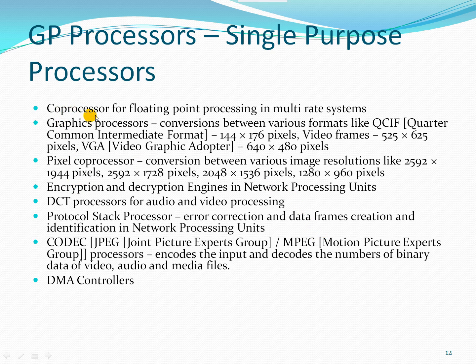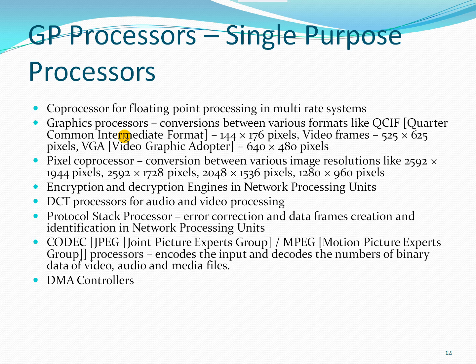First, the coprocessor for floating point processing for multi-rate systems. Especially for multi-rate systems, if you are using floating point processing units, it is very common to use a coprocessor for floating point processing. The next one will be the graphics processors, because we are having graphics accelerators, graphics processors and graphics cards for all the laptops and the TVs we are seeing today.